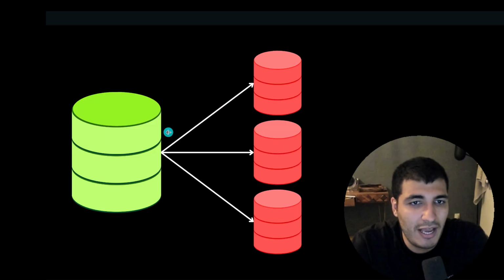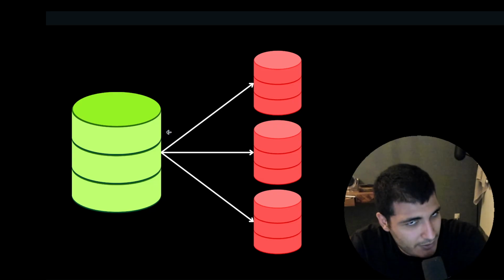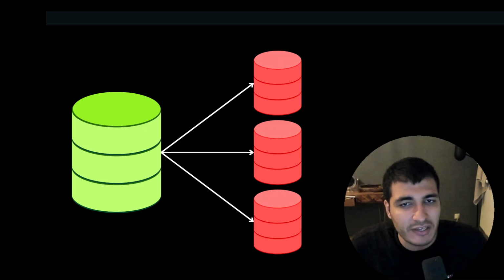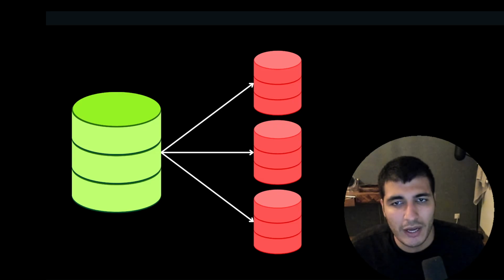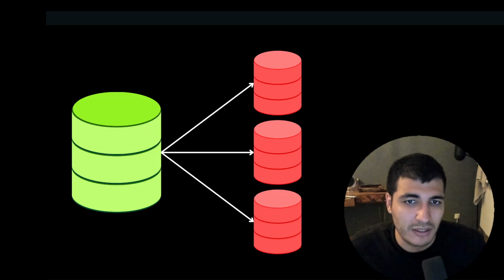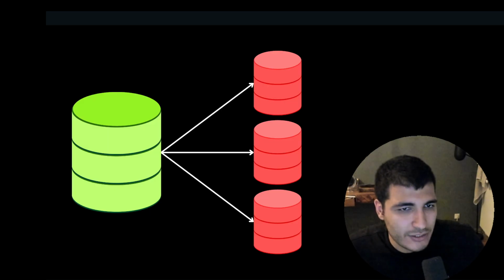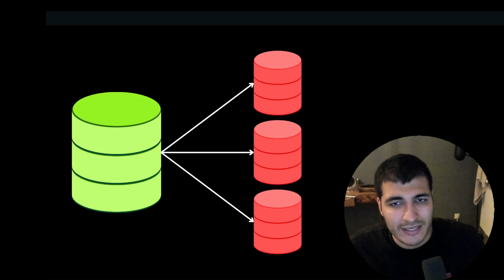Okay, next we have read replicas. Read replicas is a technique specifically designed to handle applications with a high volume of read operations, but relatively fewer write operations. The core idea is to create one or more copies of your primary database, known as read replicas.